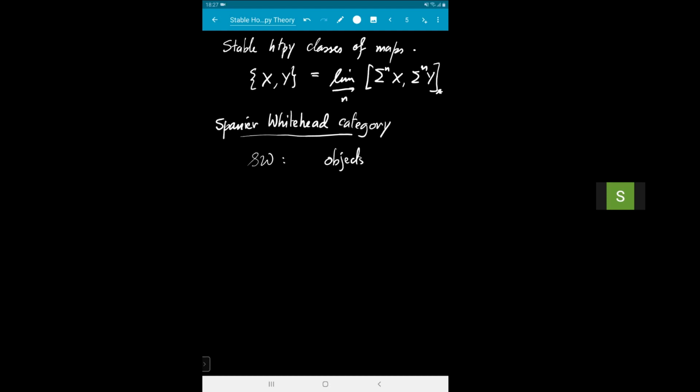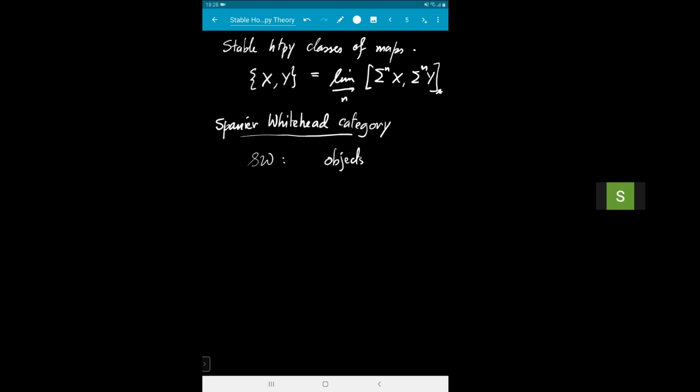It should contain the spaces, and the homotopy classes should be the stable homotopy classes of maps.